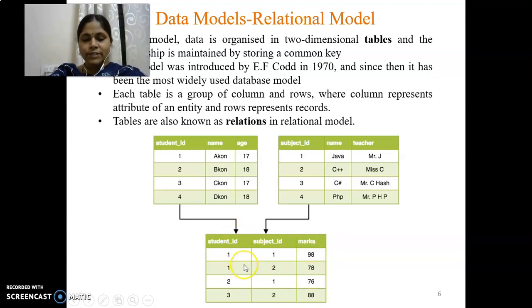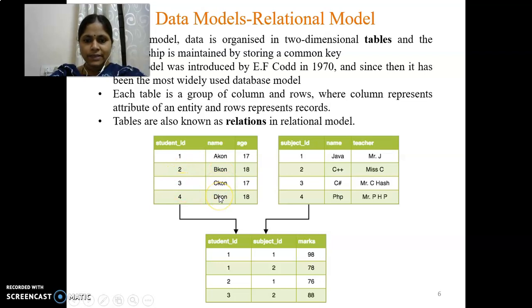If we don't have such a representation, then the data is stored in this way: student ID, name, age, subject ID, name, teacher, marks. Like this, for example, we will have more subjects.